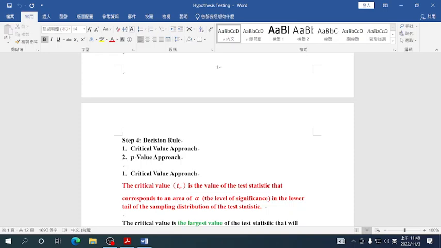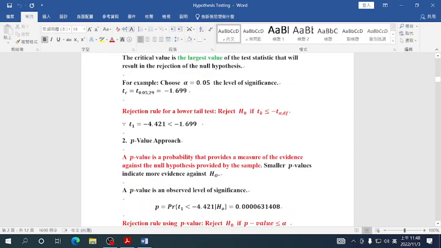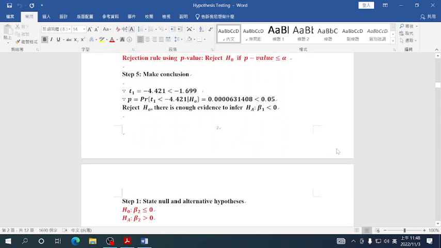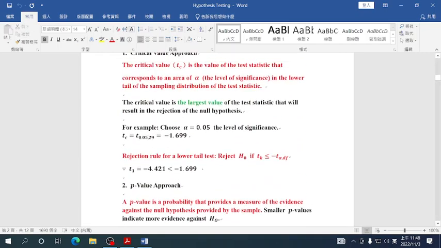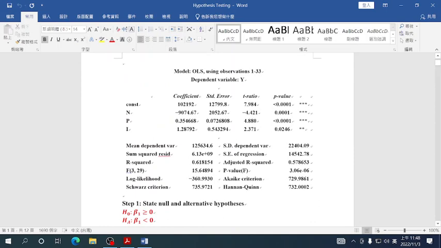So would you like to try beta 2, from step 1 to step 5? Do it right now by yourself. Beta 2, I mean, do this one. I just showed the negative one, beta 1, right? Check with this one. Why don't you do the third one?